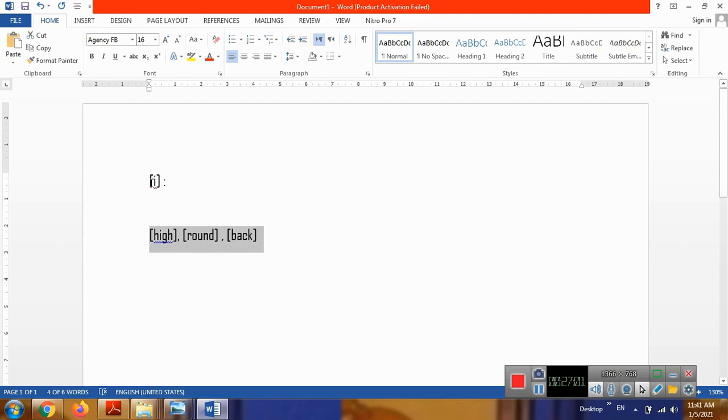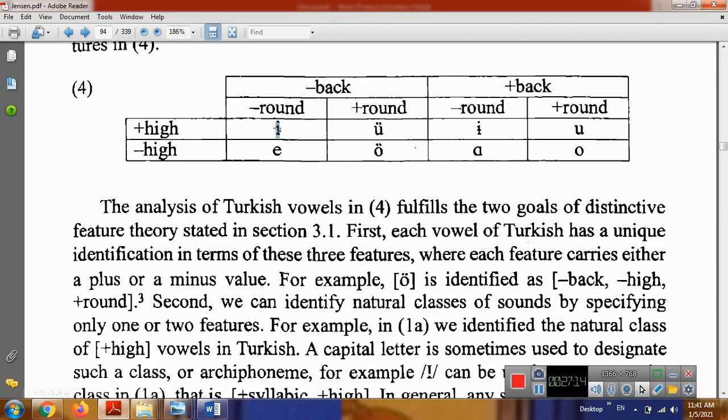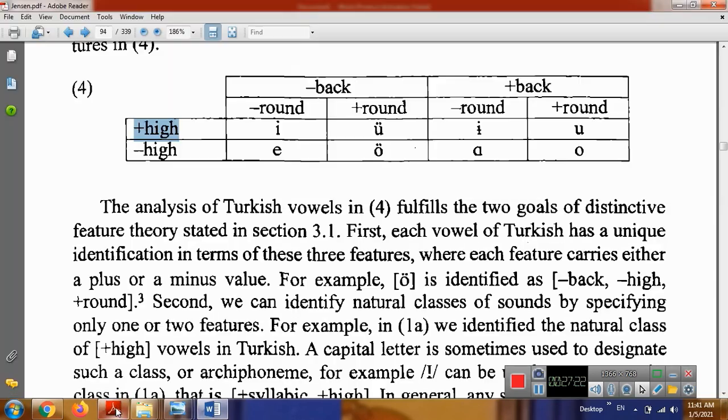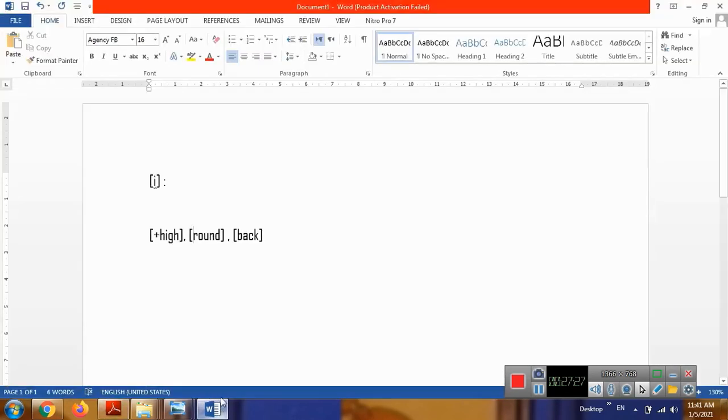Okay, for defining the E, I should put minus or plus for each feature. E is plus high. Therefore, I put here plus high. About the roundness, E is minus round.